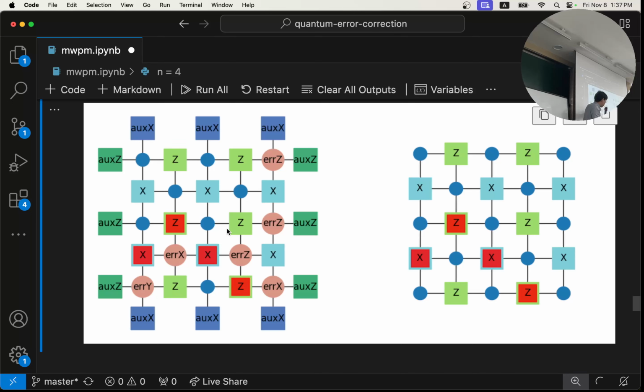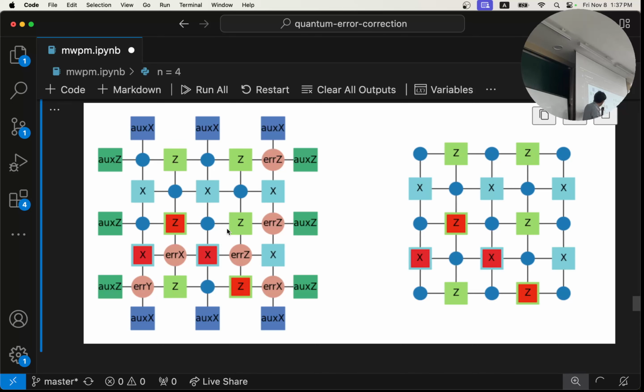Because of this, and no other error occurs, only these stabilizers change to 1. Why? Because when an X error occurs, you can detect it with the Z stabilizer, that syndrome measurement, connected to the data qubit.